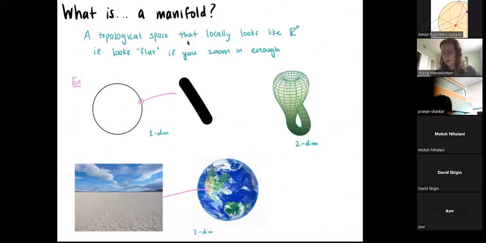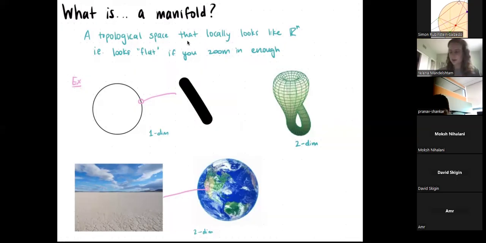These are maybe very simple manifolds. You can also get more complicated, interesting ones like this other two-dimensional one called a Klein bottle, where also if you zoom in enough on any one piece of it, locally it will just look like a piece of the flat plane R^2.